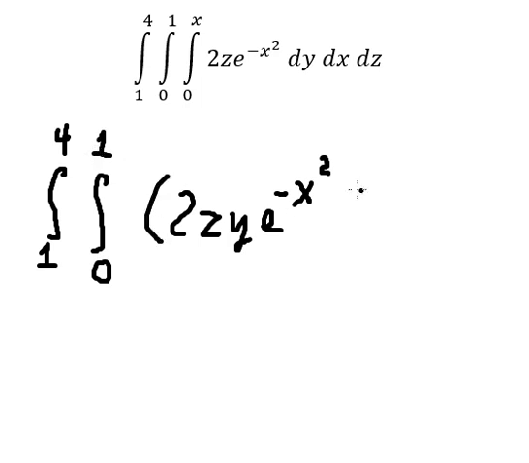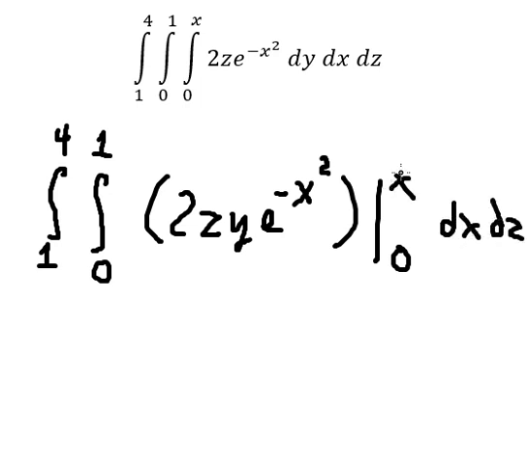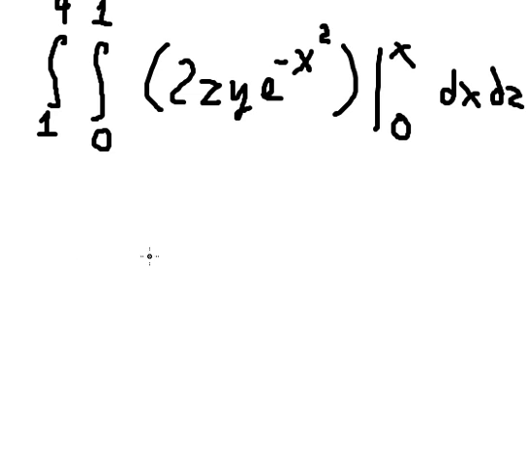So we can put the bounds from 0 to s. This one will go in here, and number 0 will go in here. So this one we have 2z s e to the power of negative s squared.